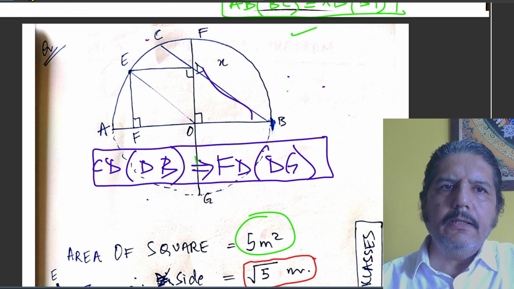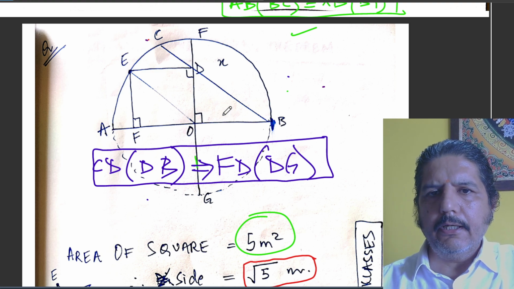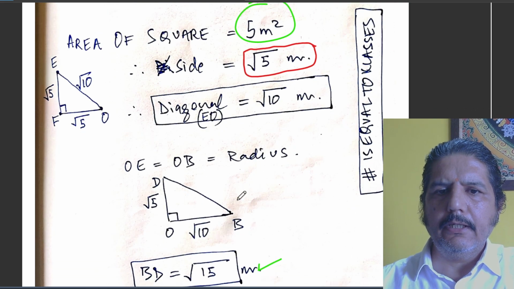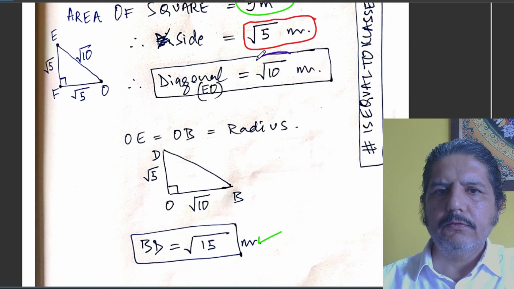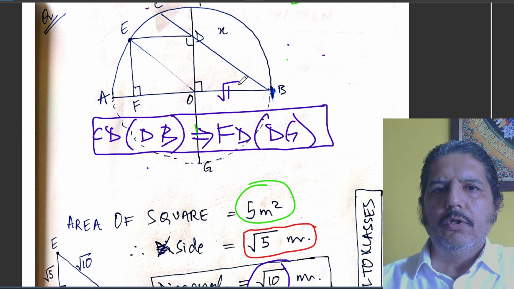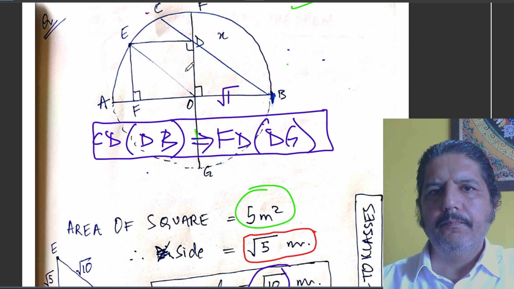Now FD is equal to the radius of the circle. I know that this radius is root 10. So root 10 minus this part.